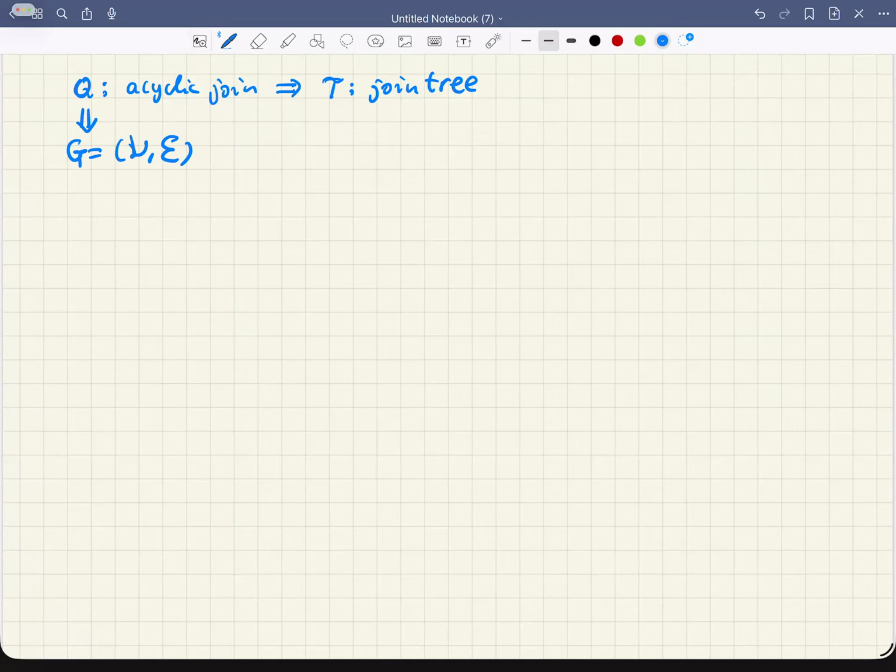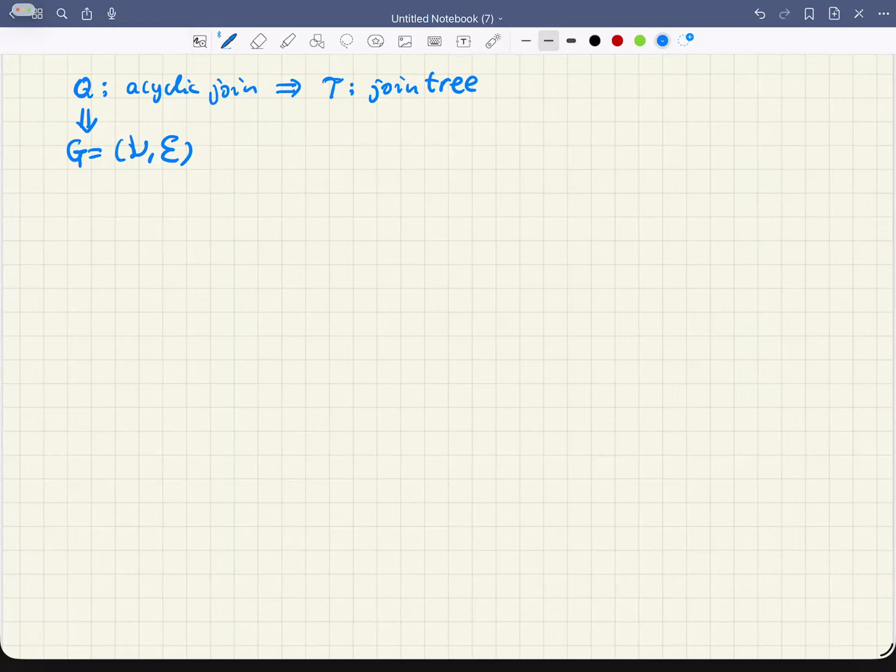Now remember, a join is defined by a set of relations. Every relation defines a hyperedge here in this E. And if you look at this V, that's essentially the union of all the hyperedges, right?